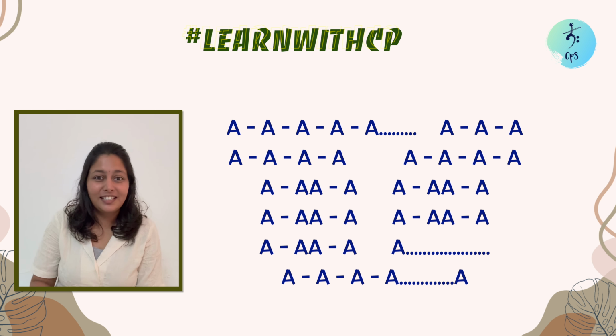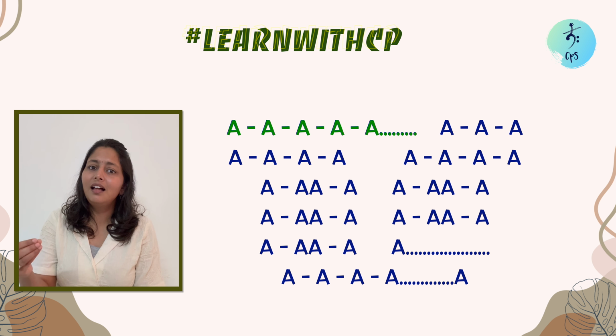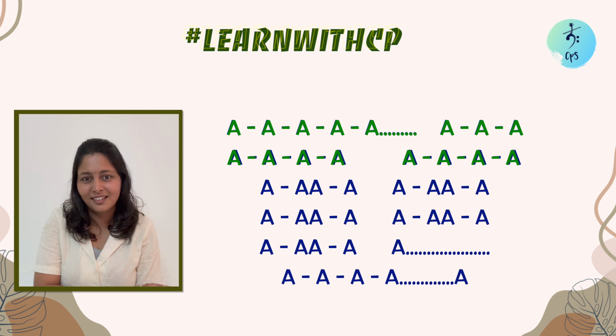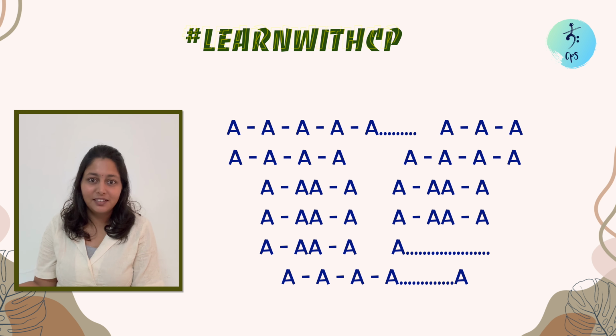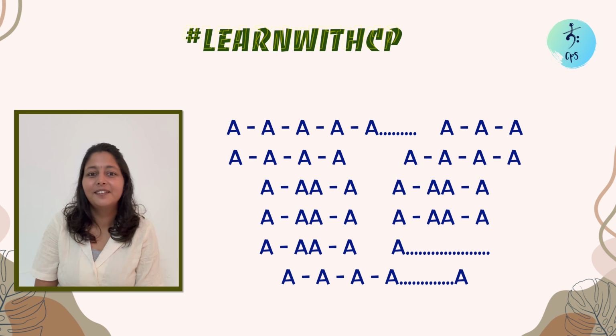Understood? So let's try this again from the top. Easy, right? So this is the same thing that you should apply in the second part also, because the second part is also full of patterns, right?